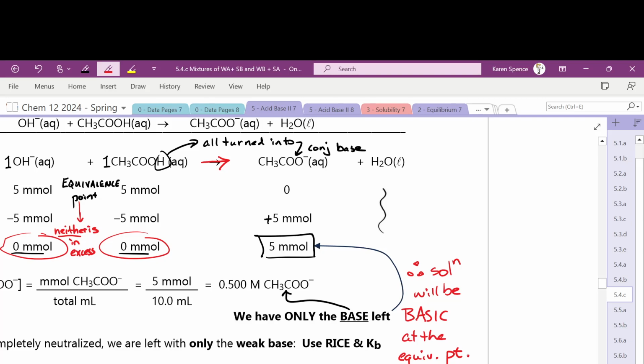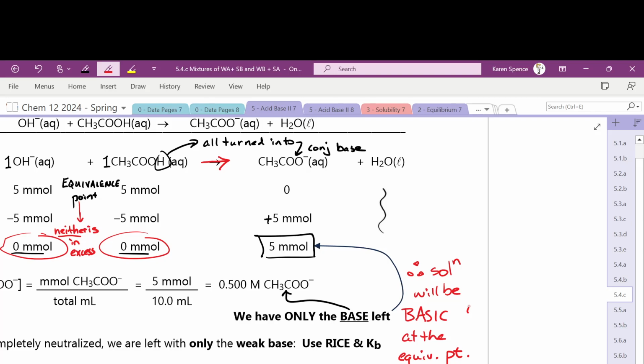Now, if I was just to ask you, if you have the same number of moles of acid and base and you put them together, what's the pH? What would you say? 7, except it's not, it's basic. You just told me that. So it's not 7, because 7 is neutral.